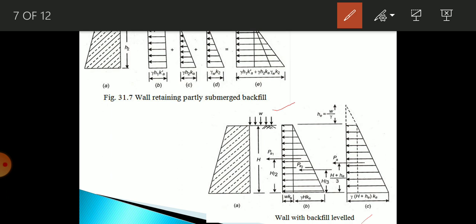This is the retaining wall which has horizontal backfill and it is also subjected to a UDL of value W. So there will again be two pressure distribution diagrams. The pressure distribution diagram due to backfill is triangular in shape and the base of that triangle will be equal to Ka gamma into H, and the pressure distribution diagram due to UDL will be rectangular in shape and its base will be equal to Ka into W. The value of Ka is equal to 1 minus sin phi upon 1 plus sin phi, and W means the value of UDL.